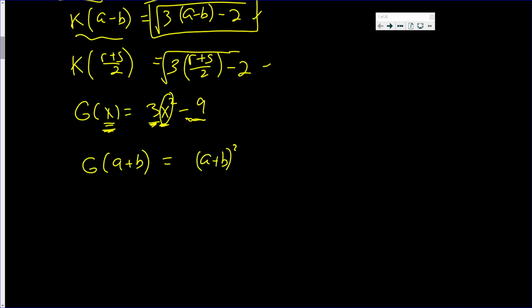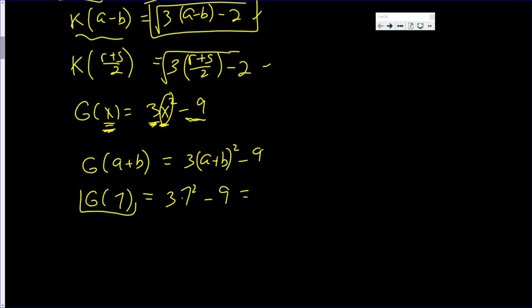I square it, I multiply it by 3, I take away 9. It should literally be as quick as I just did it. No matter what is in the brackets, g of 7, I square it, I multiply it by 3, I take away 9. Now the math should start.